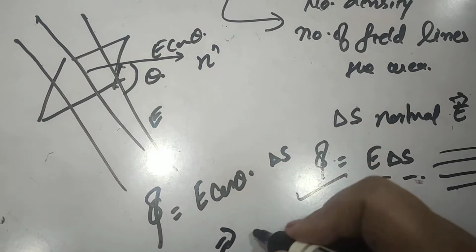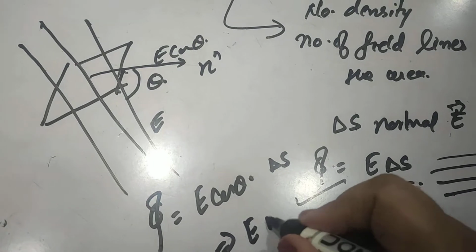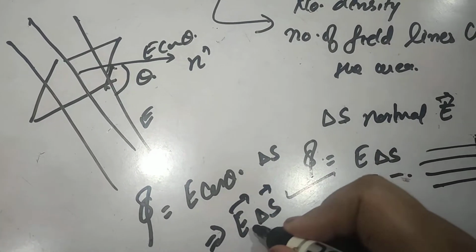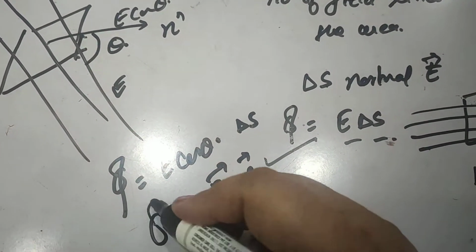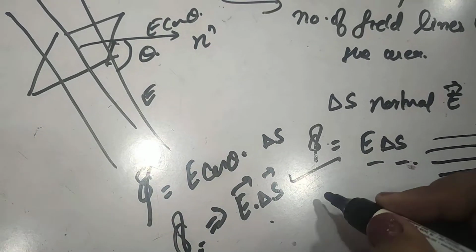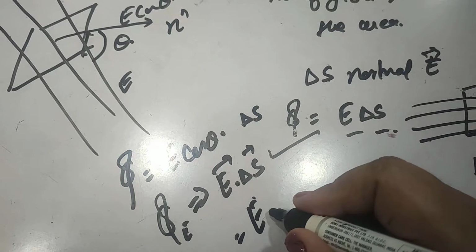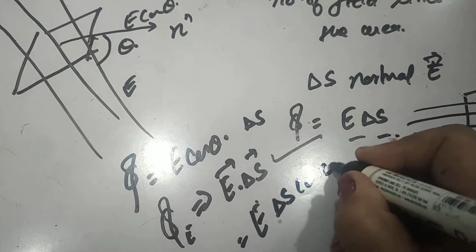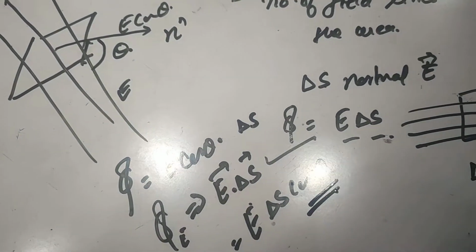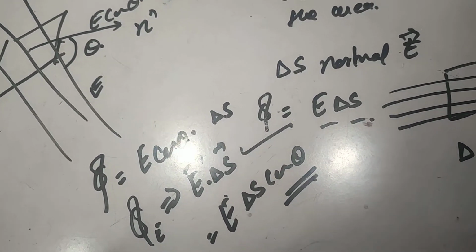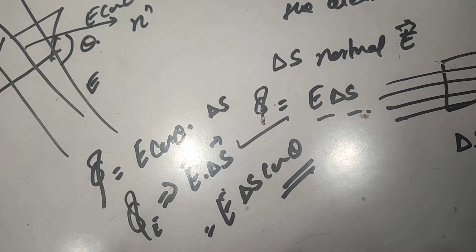So we can write E delta S dot product, or phi is equal to E dot delta S, or in simpler form E delta S cos theta, where theta will specify the value of flux passing through that surface.